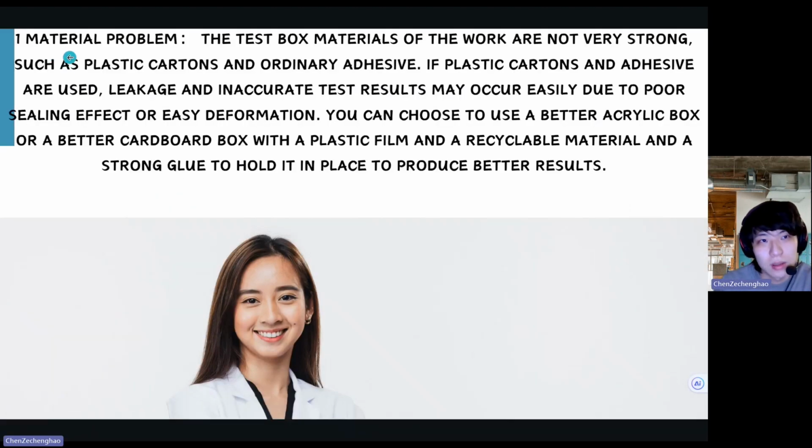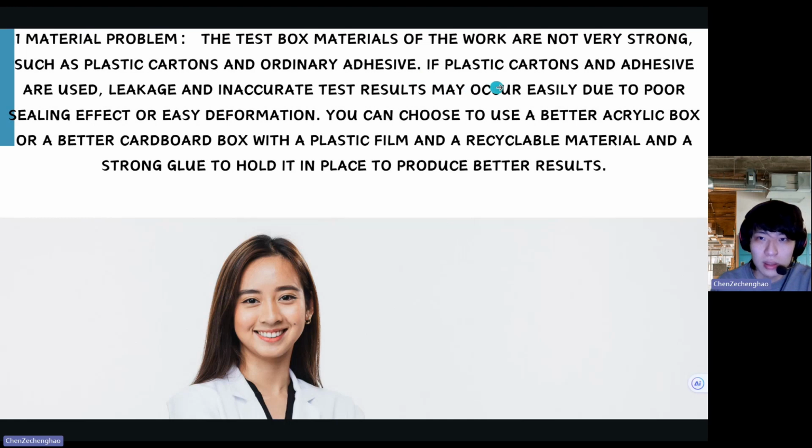1. Material problem. The materials of the work are not very strong, such as plastic, cartons, and ordinary adhesive.